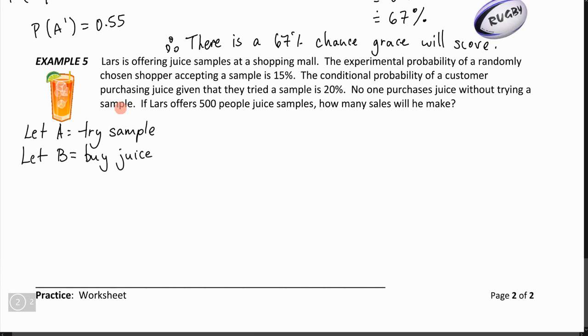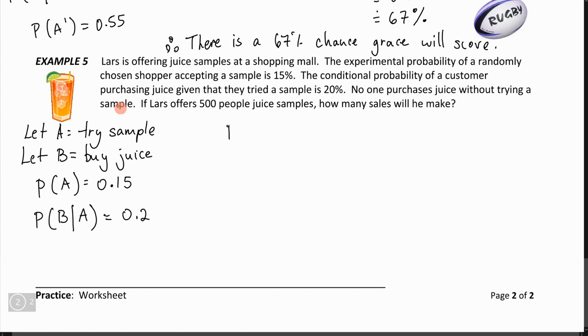Okay, and we're told that the probability of them trying a sample is equal to 15%, or as a decimal, 0.15. And I'm told the conditional probability, so the probability that they buy juice, which is B, given that they have tried a sample, which is A, is equal to 20%, so 0.2.